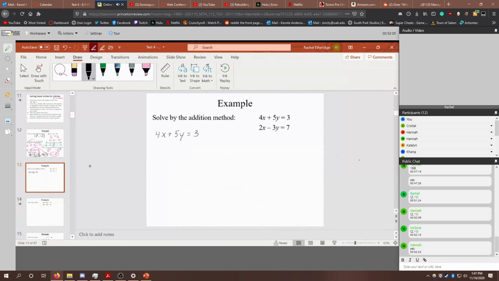So if you look at this, they call this equation 1, and this is equation 2. If I look at equation 2, if I multiplied equation 2 by -2, that'll give me a -4, so that when I add, I get 0. So what I'm going to do is take equation 2, and I'm going to multiply both sides by -2.